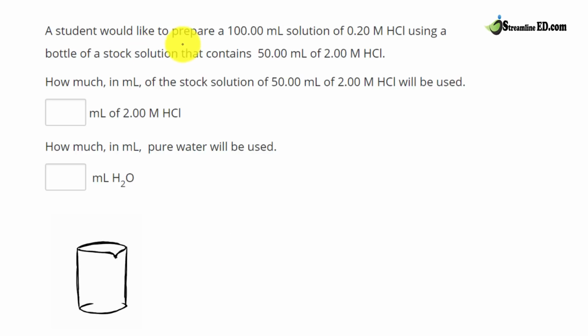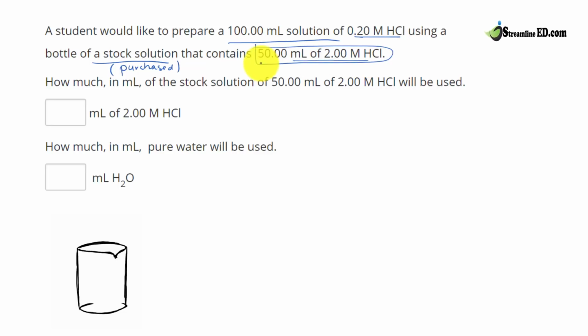So let's look at this problem. A student would like to prepare a 100 milliliter solution that has a concentration of 0.2 molarity HCl. So this is the solution that we would like to make, using a bottle of a stock solution, this is where we purchased, that contains 50 milliliters of 2.0 molarity hydrochloric acid, or HCl.